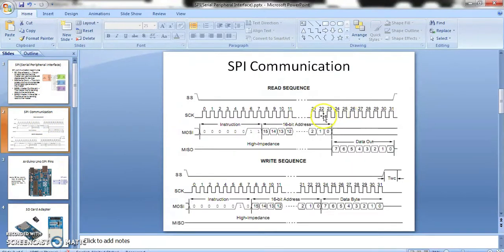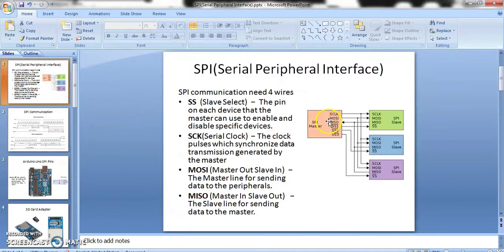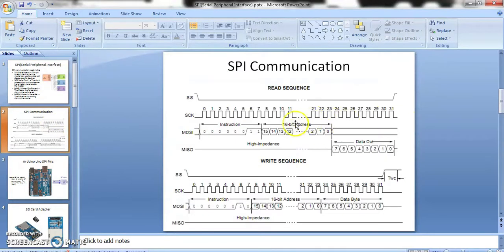Then the slave wants to know the address from where the master wants to read the data. So then the master sends some more data to the slave. This is called the address bits. Through these address bits, the slave knows which data the master wants to read.